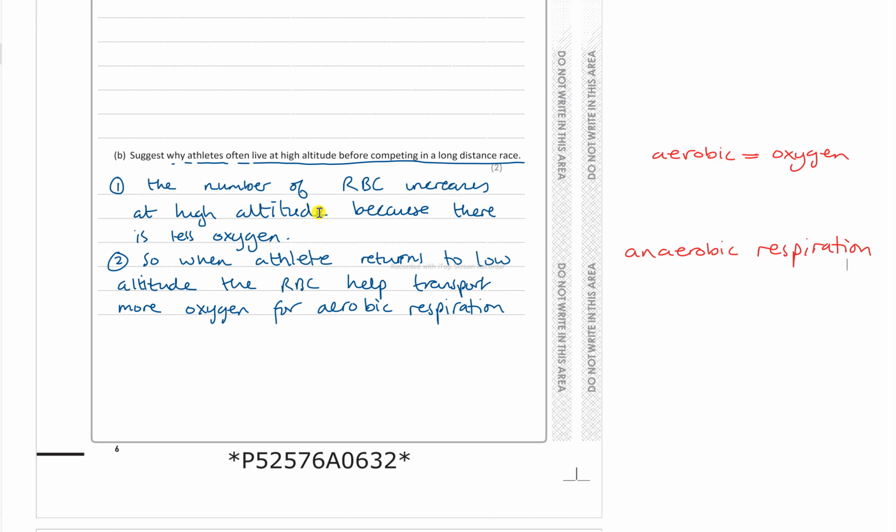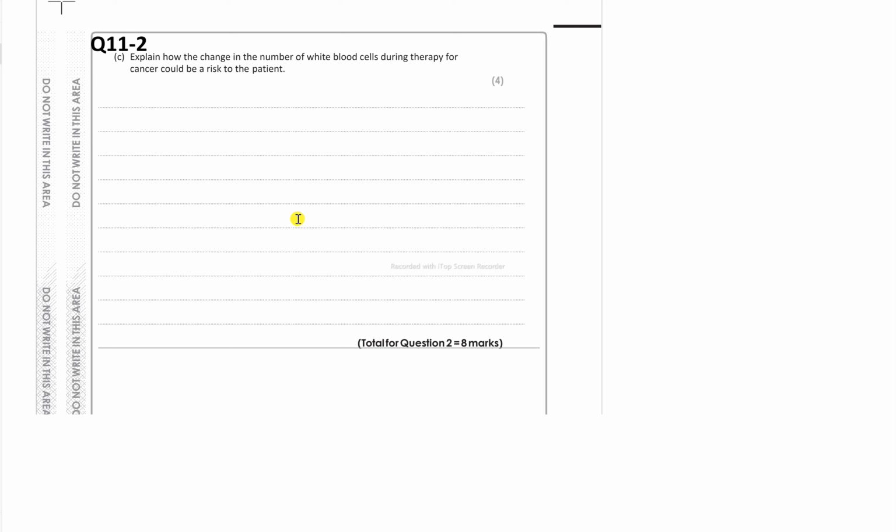Right. Let's keep going. Explain how the number of white blood cells during therapy could be a risk to a patient. So what happens is during therapy, white blood cells die.